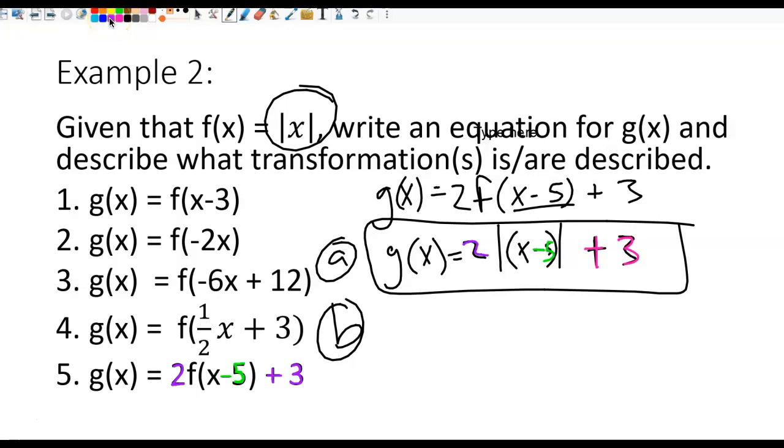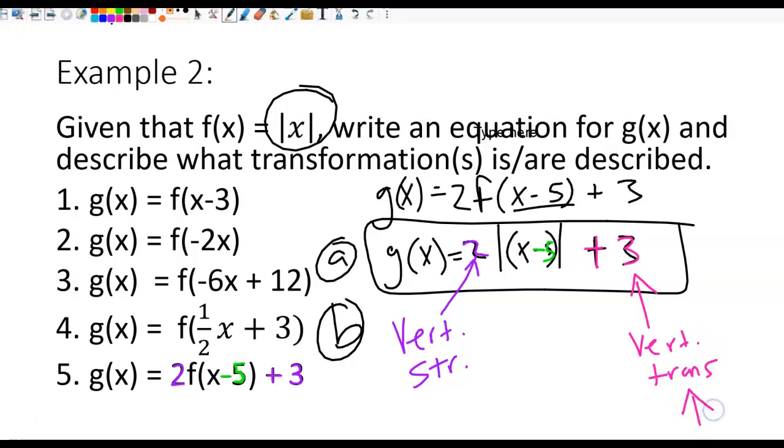So when you multiply by a number that is bigger than 1 outside the parentheses, that is a vertical stretch. Whenever you add a number outside the parentheses, that is a vertical translation upwards.